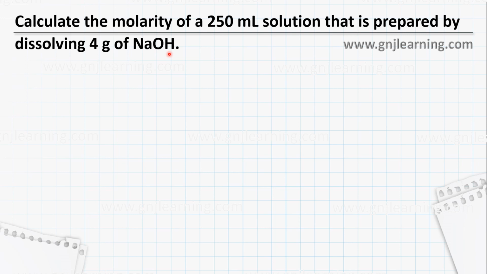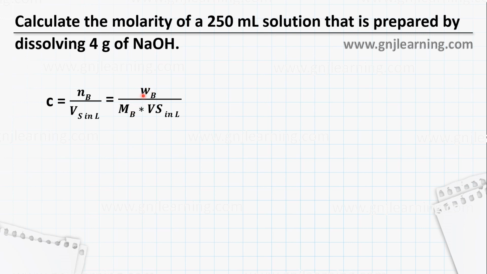So what's our equation? Our equation is molarity is equal to number of moles of solute divided by volume of solution in liters. Since they have not given the number of moles here, we can use the second equation, that is number of moles can also be written as mass divided by molar mass.